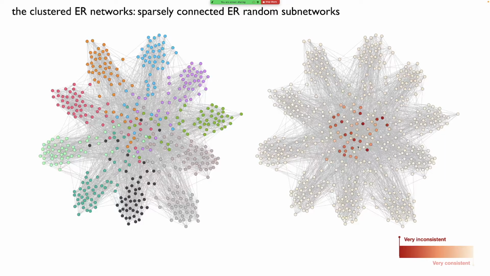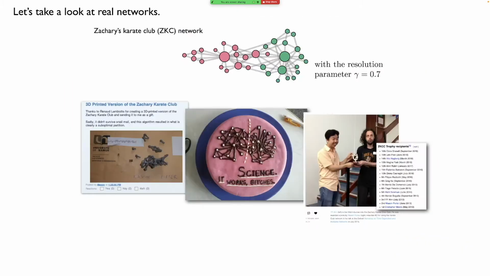If we just try to detect the community structures here, the central part composed of a bunch of inconsistent nodes is labeled essentially randomly. And the inconsistency measure effectively captures the fact that membership is very inconsistent in this central part. So you cannot trust the labels here.